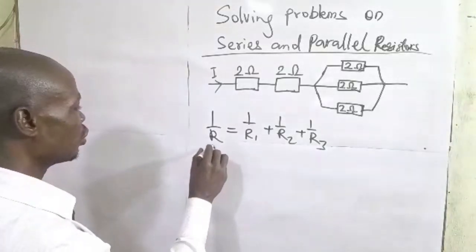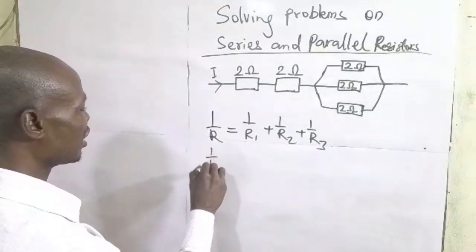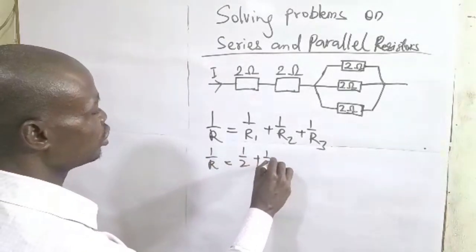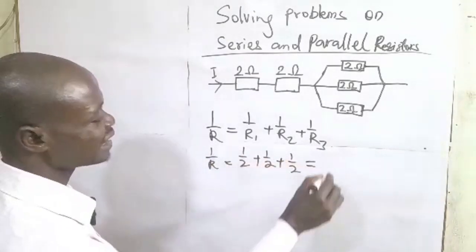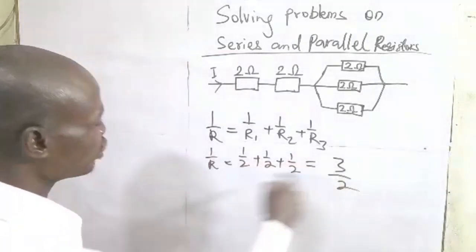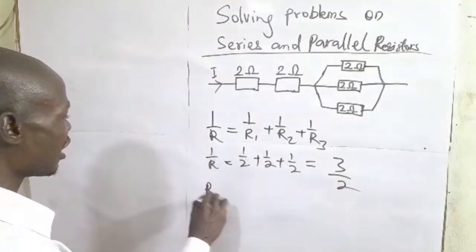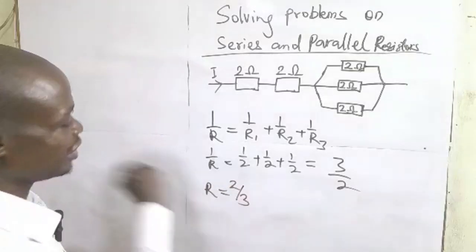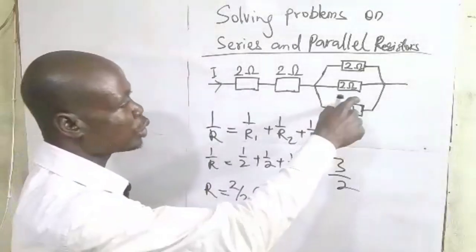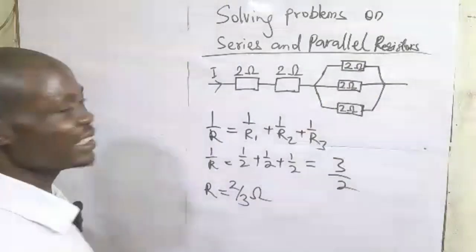So here we have 1 over R is equal to 1 over 2 plus 1 over 2 plus 1 over 2. And that gives us 3 over 2. When we cross multiply this, we now have that R is equal to 2 over 3 ohms. This is going to be the combination of these 3 resistors.